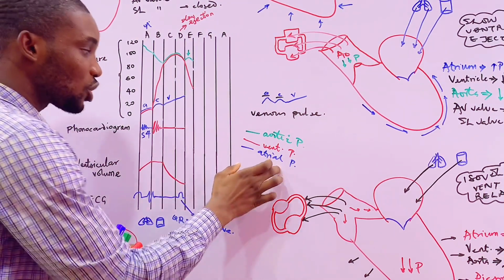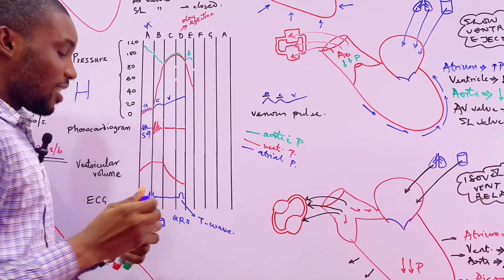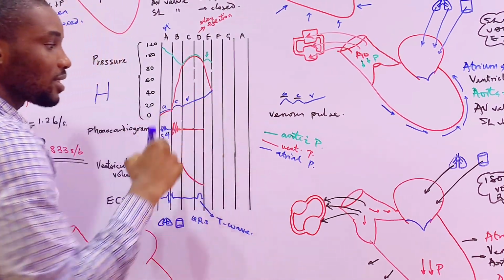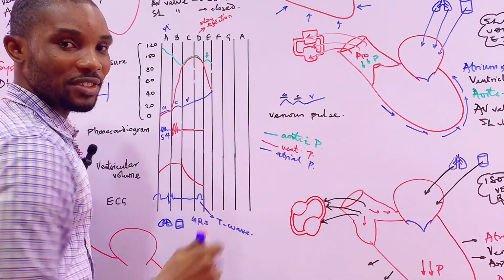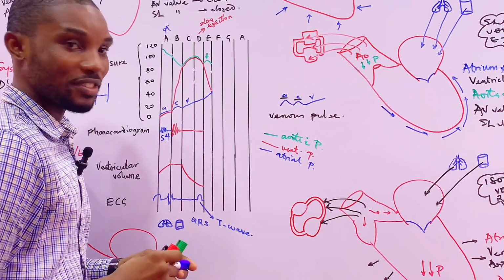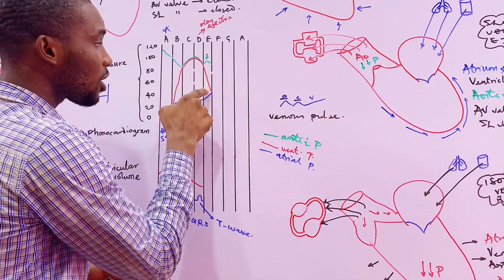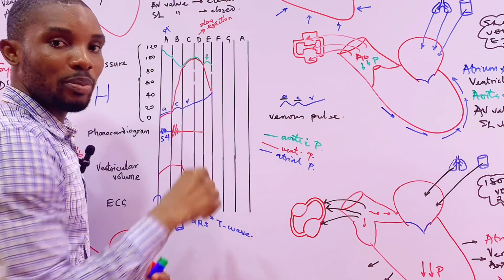Then the atrium. The atrial pressure is increasing gradually as well, in the spirit of our V wave, the venous pulse wave, right? So now at this point, the atrial pressure and the ventricular pressure are meeting.